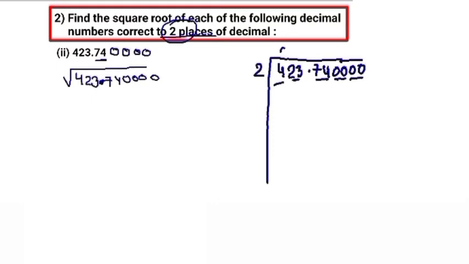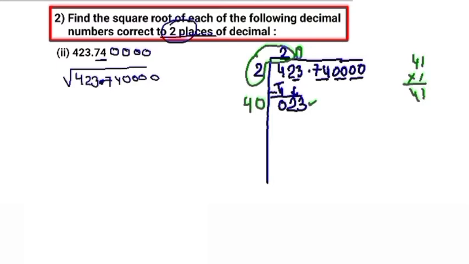Make the pairs. 2 2s are 4, subtract it, 0, copy down the next pair, 23, add these two, 2 plus 2, 4. When you take 1 with it, you will get 41, which is greater than this 23, so take 0 here. Multiply by 0, you will get zeros, subtract 23.